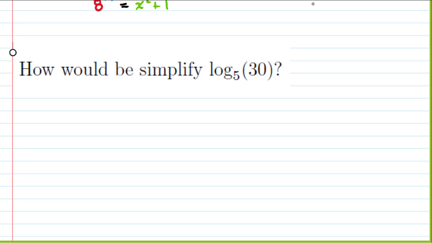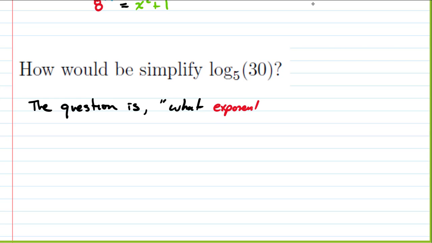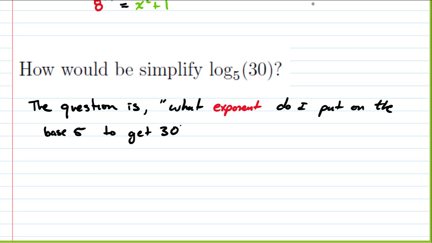So the question is what exponent do I put on 5 to get 30?